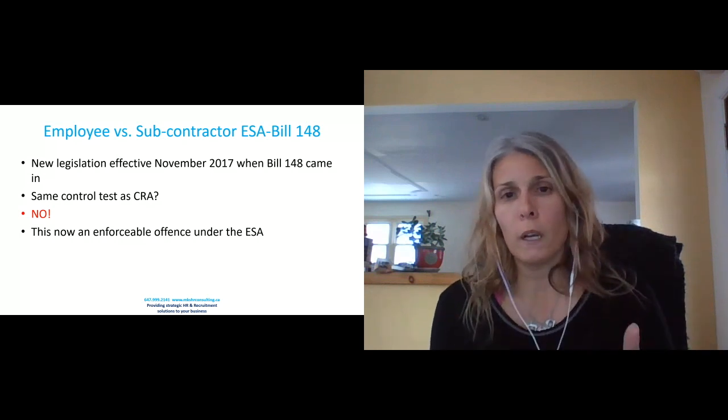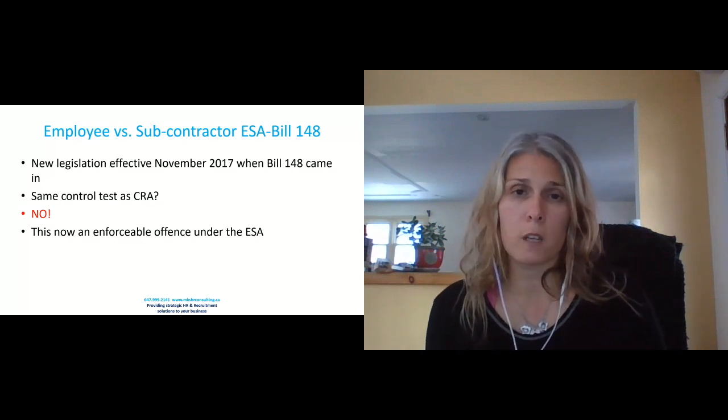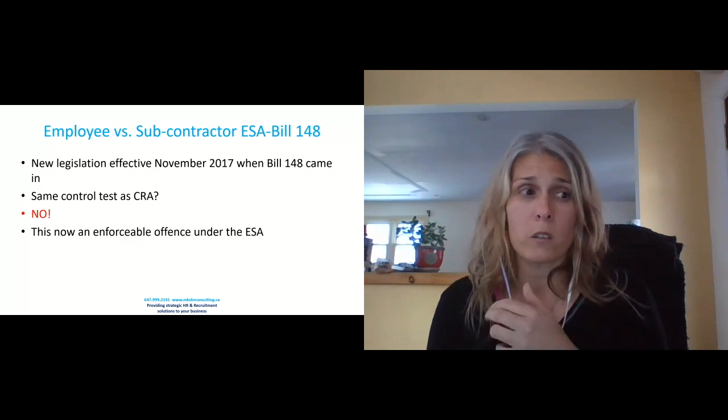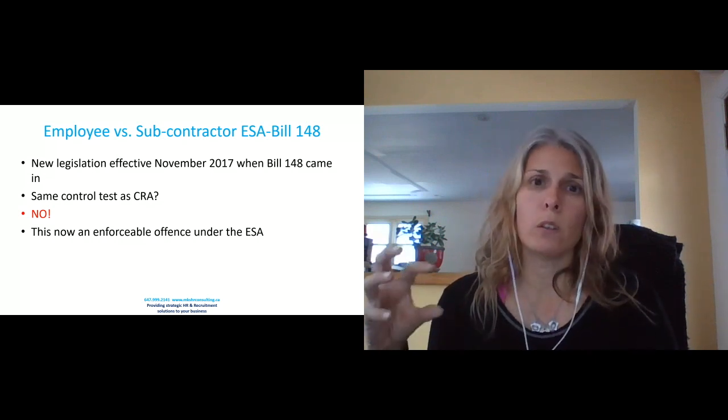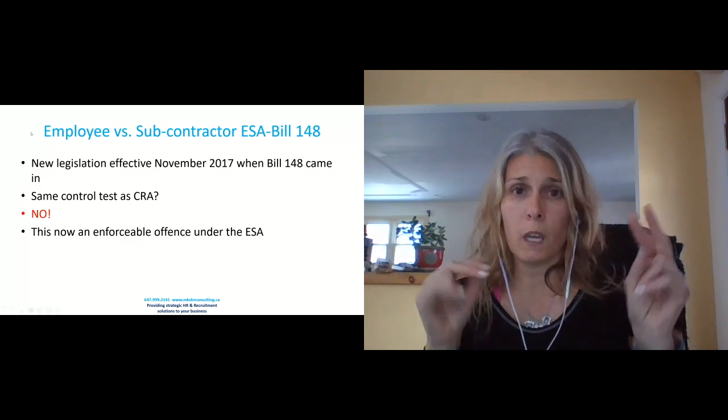The reason why Bill 148 made it an enforceable offense under the ESA is that there are a lot of situations out there, more so with the larger companies than your smaller companies, where you have a contractor.